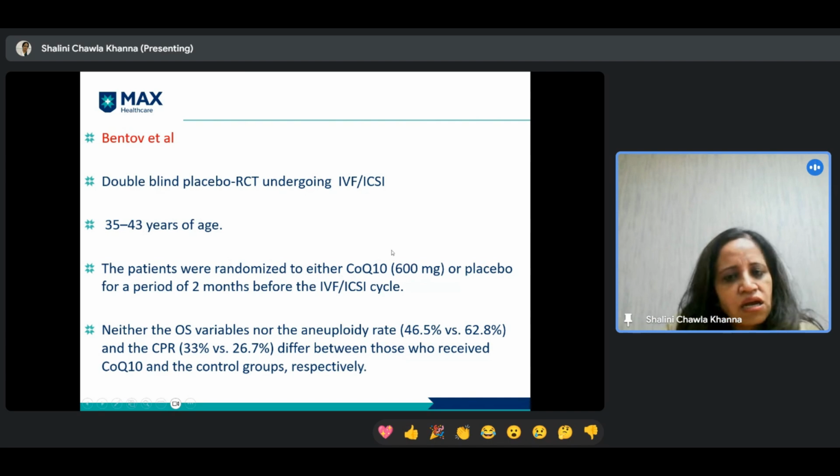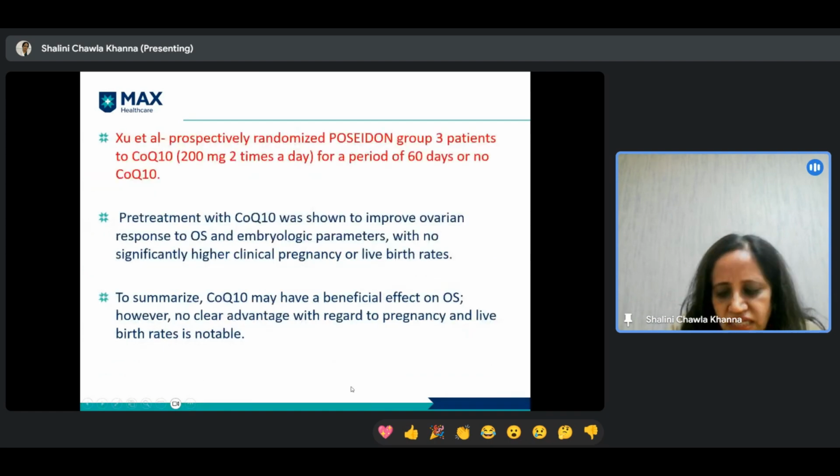They randomized women to either the study group, taking CoQ 600 milligram for a period of 2 months, or the control group. Neither the ovarian stimulation variables nor the aneuploidy rate differed between those who received CoQ10 and the control group respectively. So hence we need more studies to prove that.